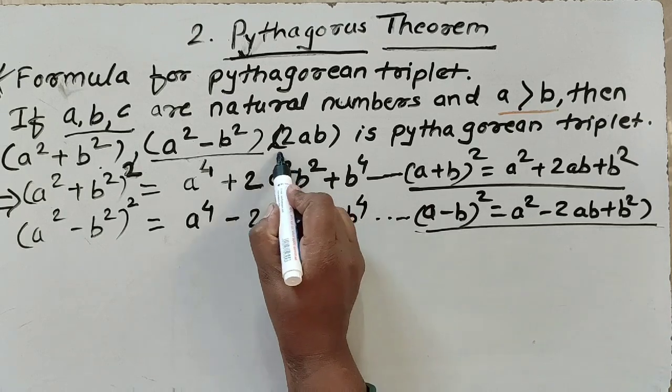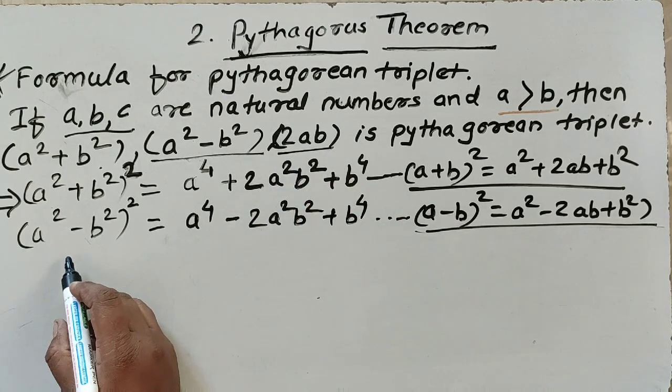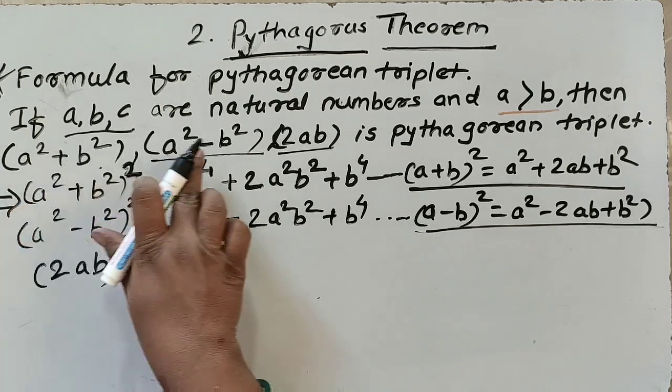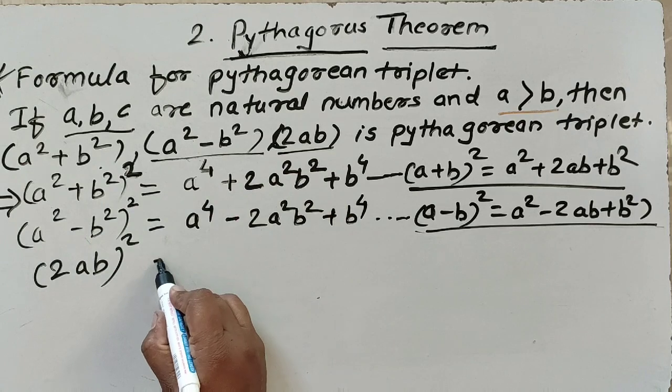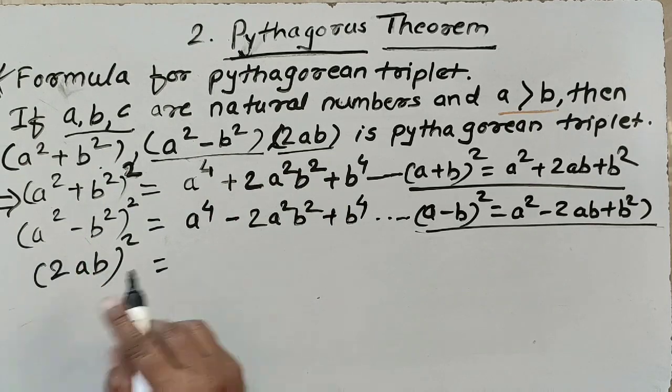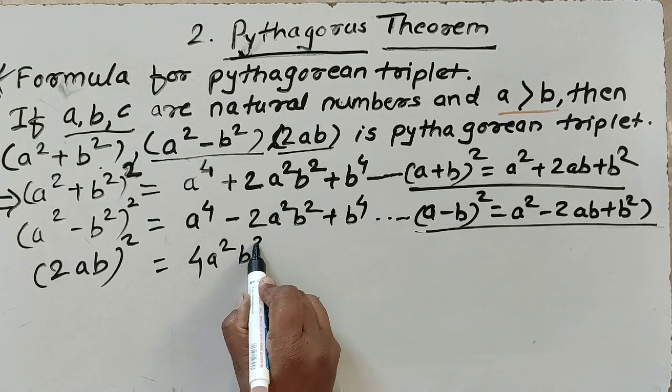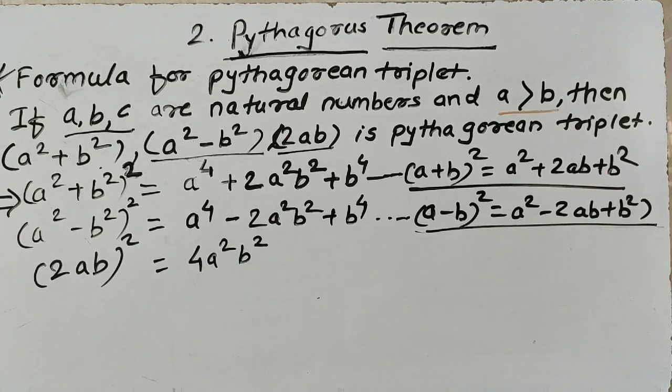Now the last one is (2ab) square. What we have done? We squared all the numbers. So 2 square is 4, a square is a square and b square is b raised to 2. Okay.